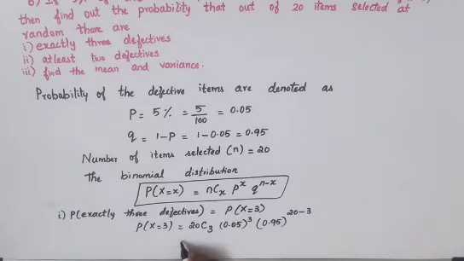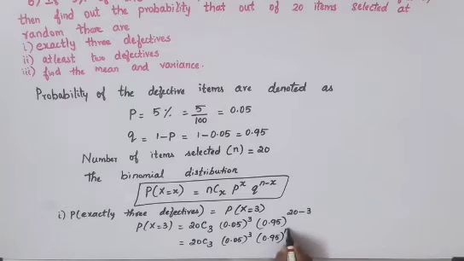So it is 20C3 into 0.05 power 3 into 0.95 power 17.